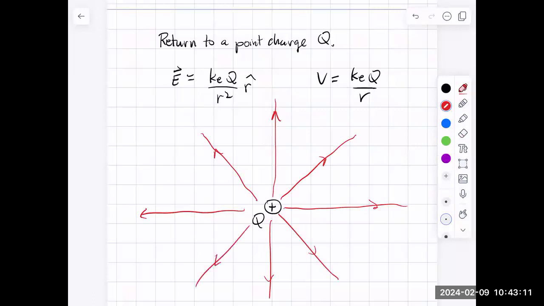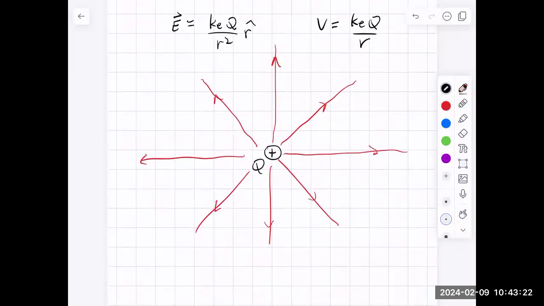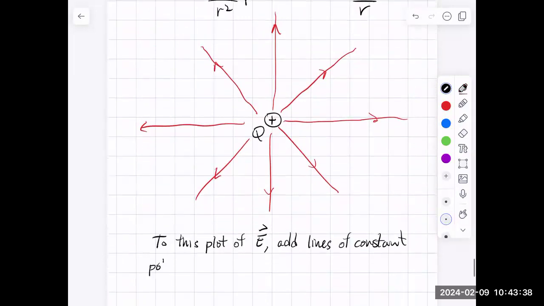All right, what I'm going to try to do now is draw lines of constant potential. To this plot of the electric field, we're going to add lines of constant potential V. These are usually called equipotential lines.